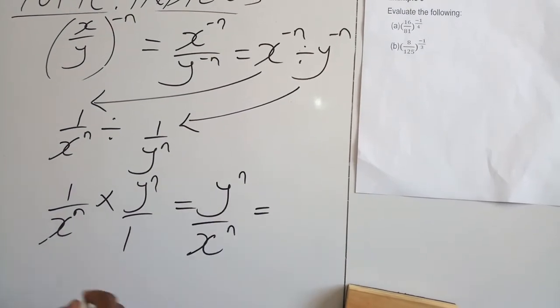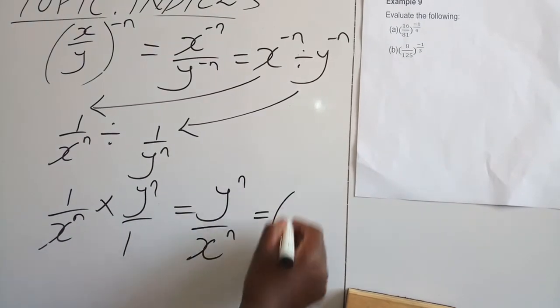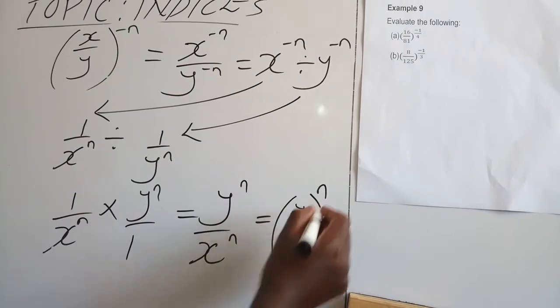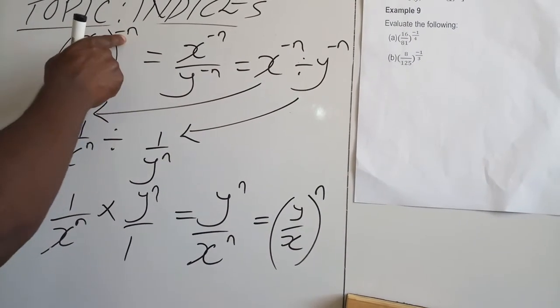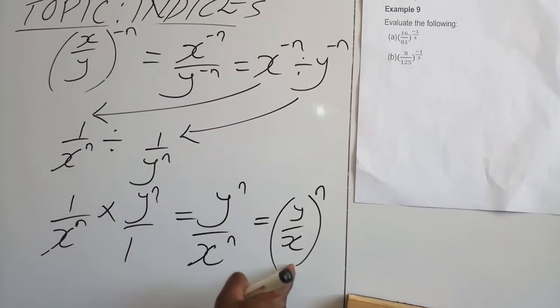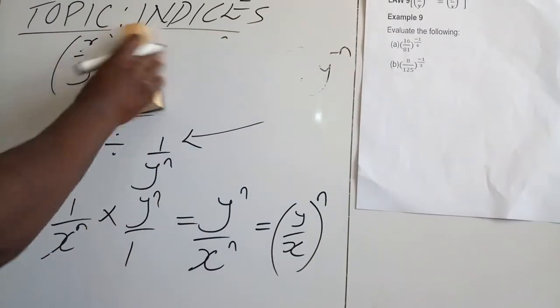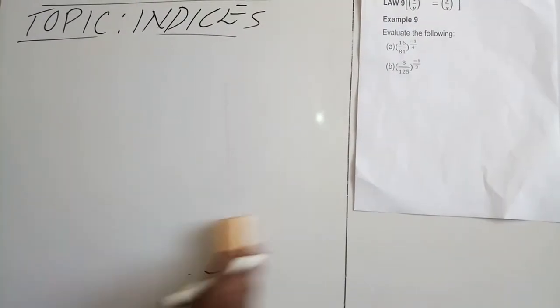Recalling the fourth law, when you divide numbers to a similar power, this should be the same as y over x power n. So we have proven that x over y power negative n is equal to y over x power n. Having done that, we can quickly go through the examples we have.